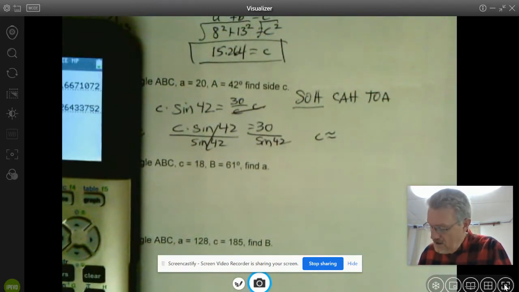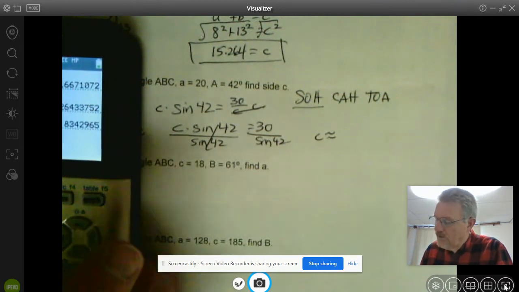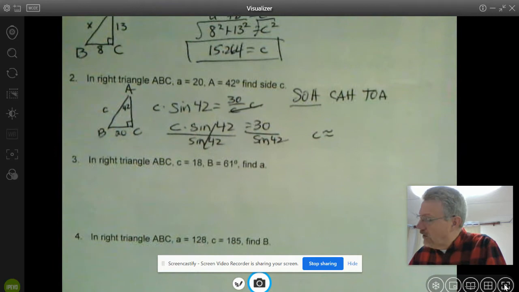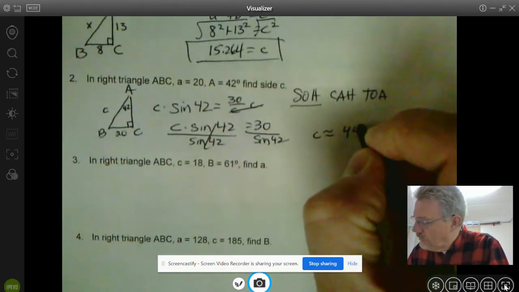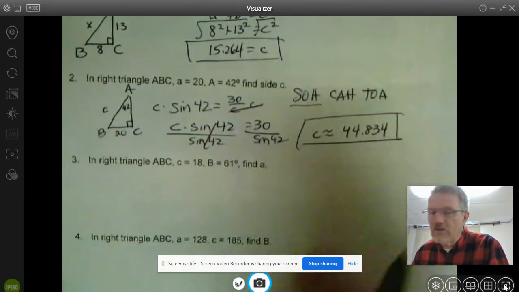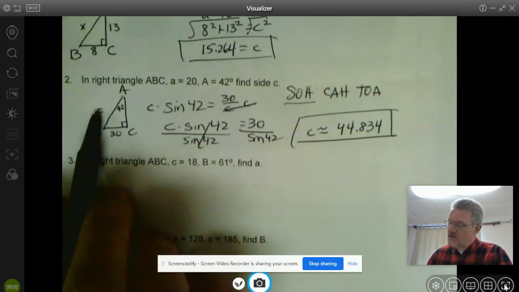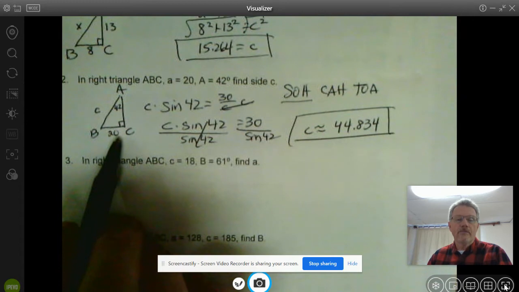So 20 divided by sine of 42 is 44.834. We're rounding to 3 decimal places unless it tells us otherwise. Makes sense? Hypotenuse, right? It's got to be bigger than 20.